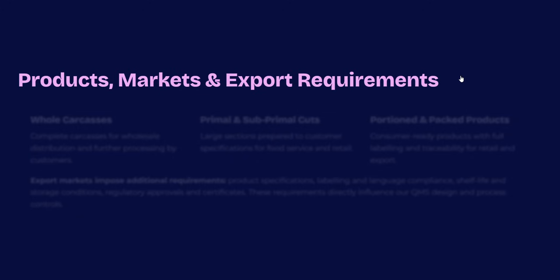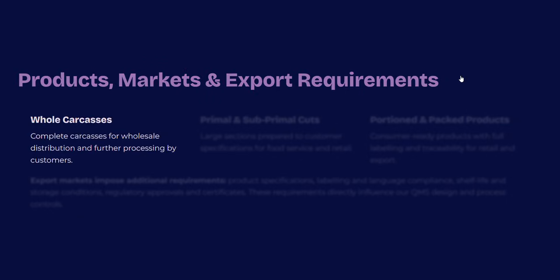Products, markets, and export requirements. We have wholesale carcasses, complete carcasses for wholesale distribution and further processing by customers. We have premium and sub-premium cuts, large sections prepared to customer specification for food service and retailers.